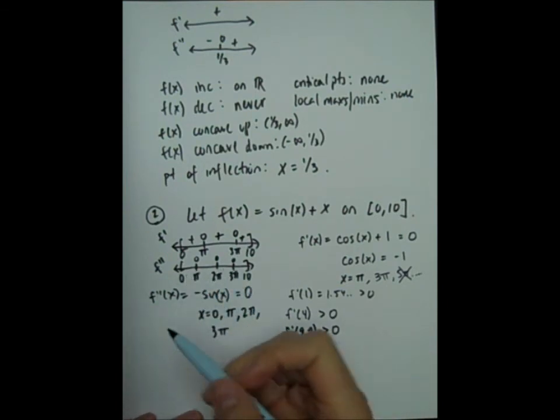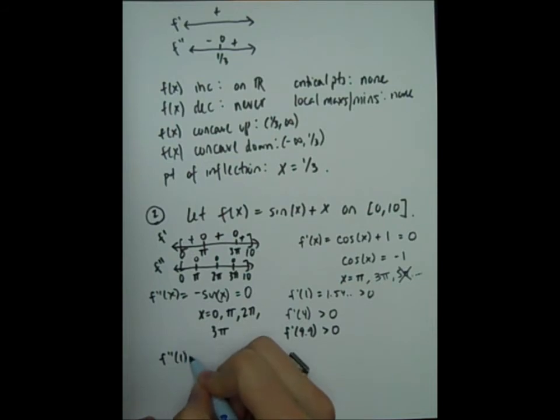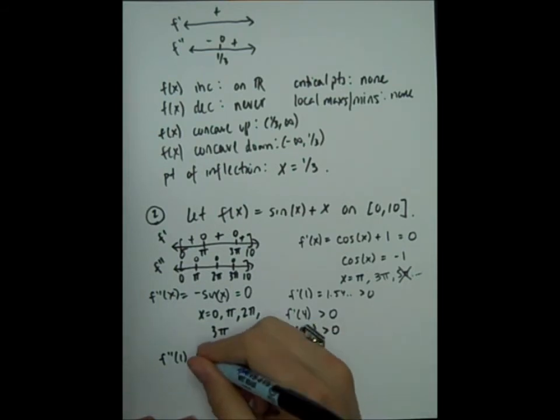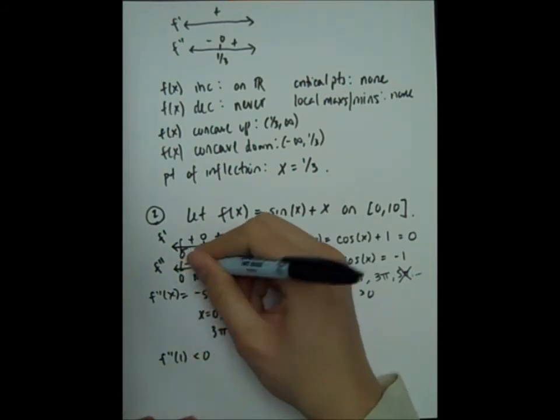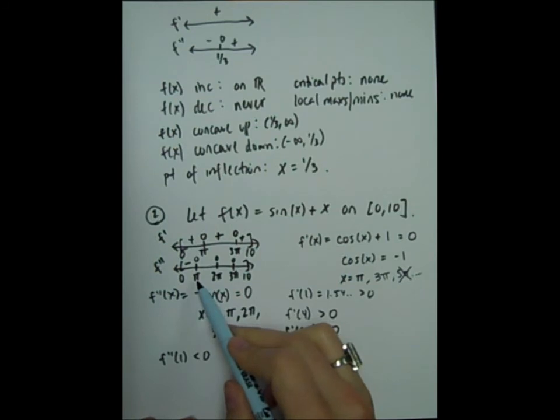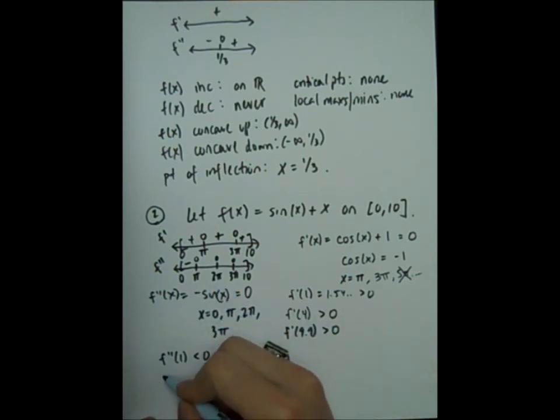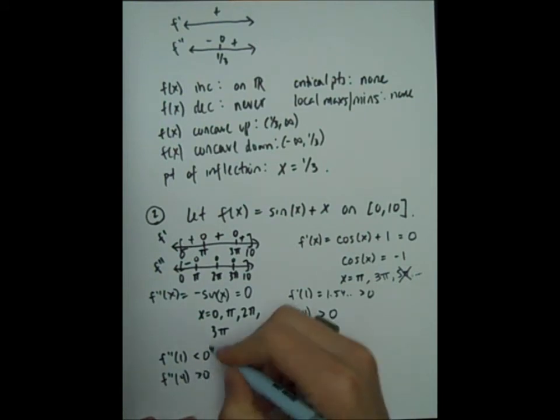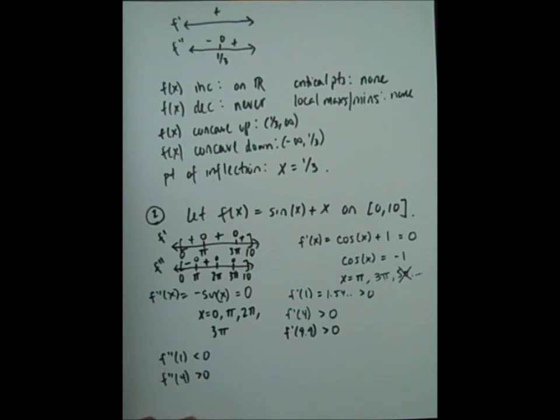So let's see the first one. How about we plug in 1? So negative sine of 1 is negative 0.84, so negative. Now something between pi and 2 pi, maybe 4. If I type in negative sine of 4, I'm going to get something that's positive. Now something between 2 pi and 3 pi.